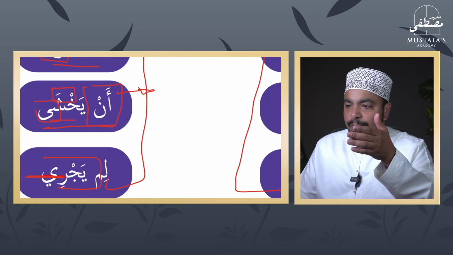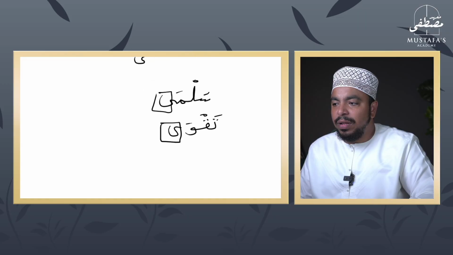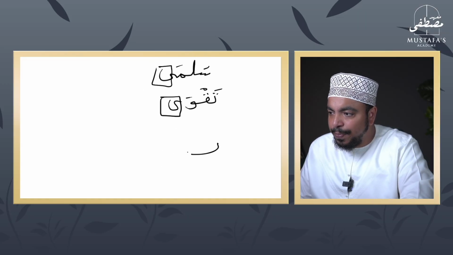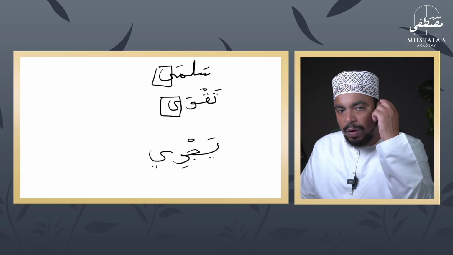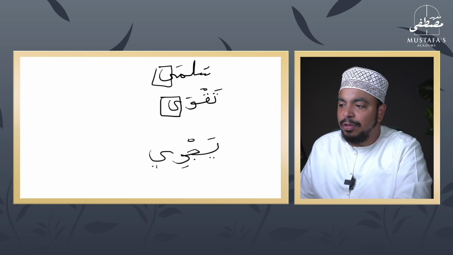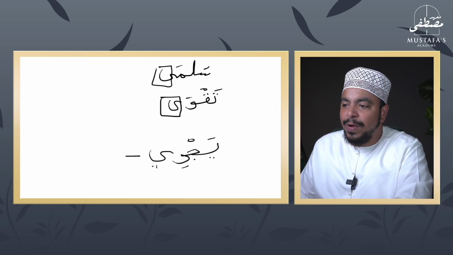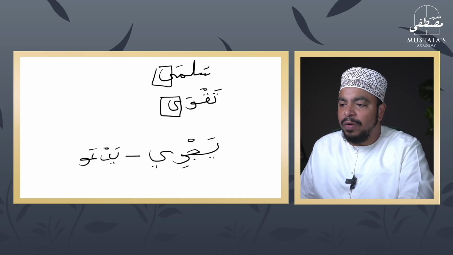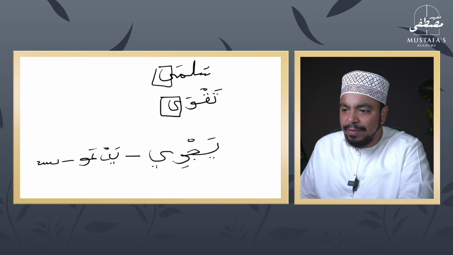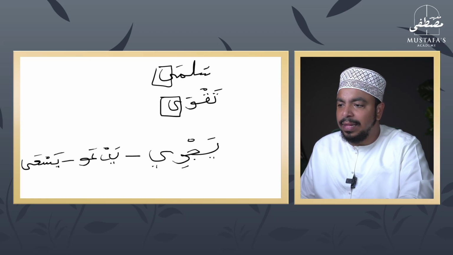When you have a word such as yajri, now this is going to be a little bit difficult, so I want you to pay attention. You have a word such as yajri, or a word such as yad'u, or a word such as yas'a, like this.